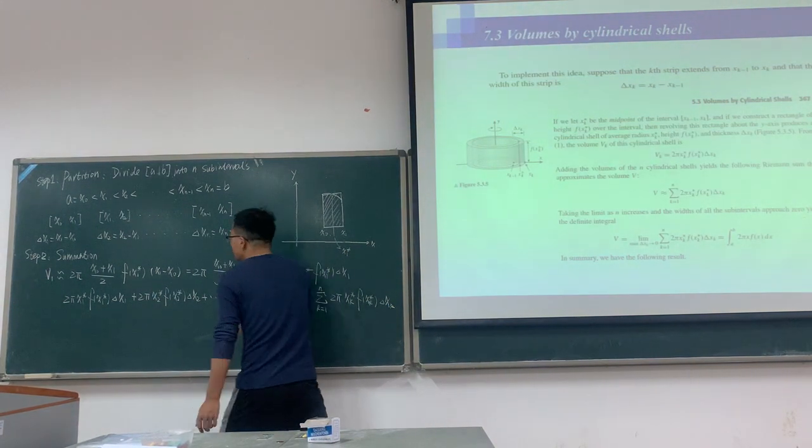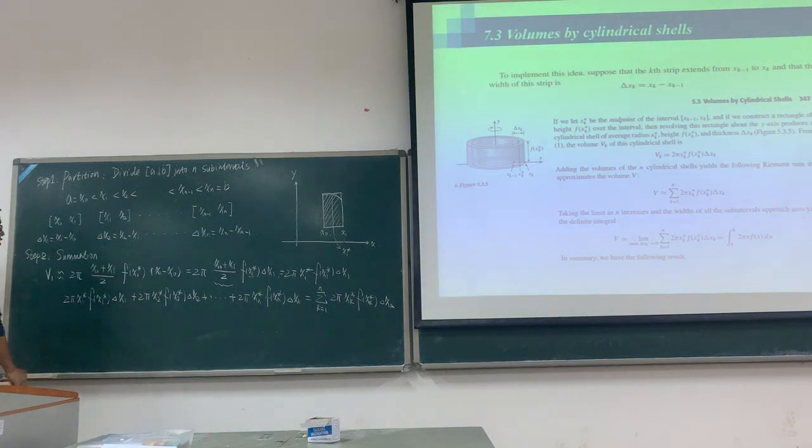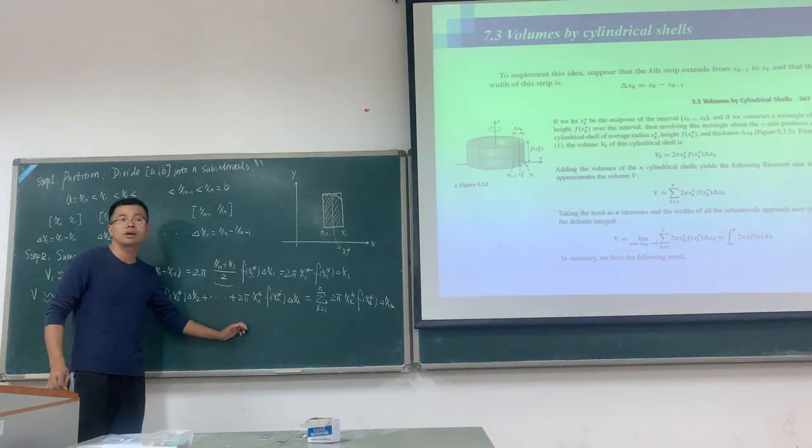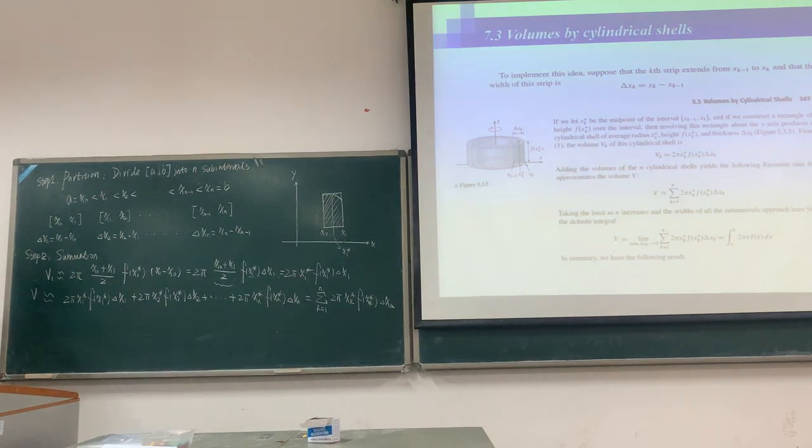So the volume V is approximately equal to this number. This is the second step, the summation. The third step is taking the limit.